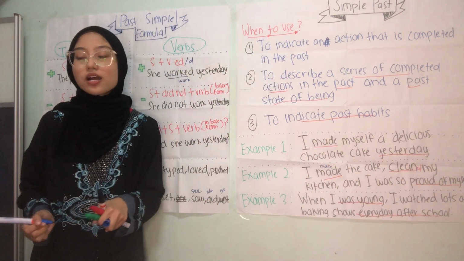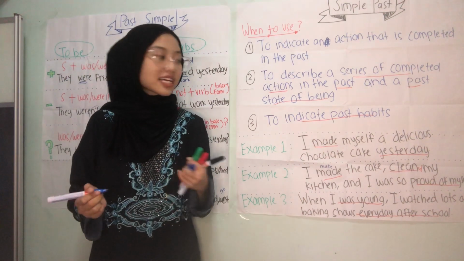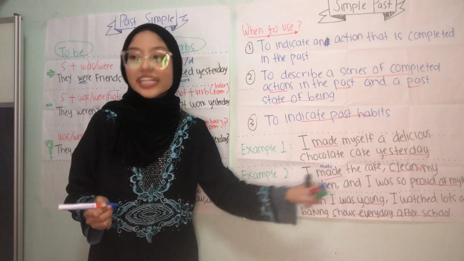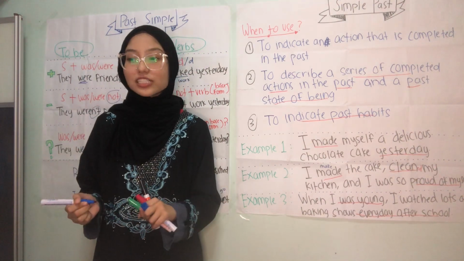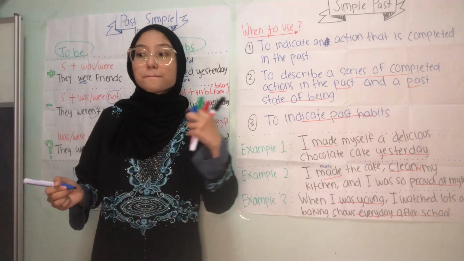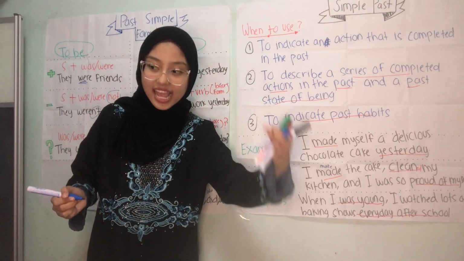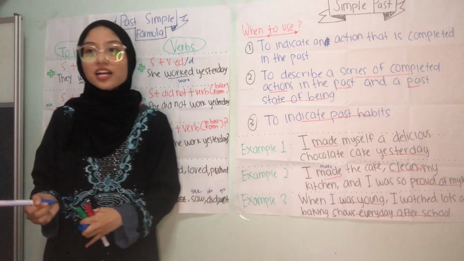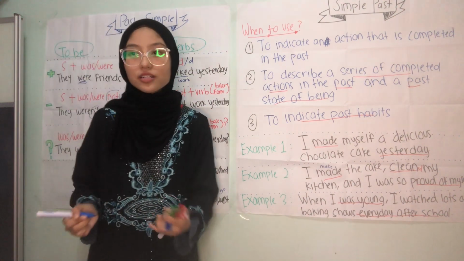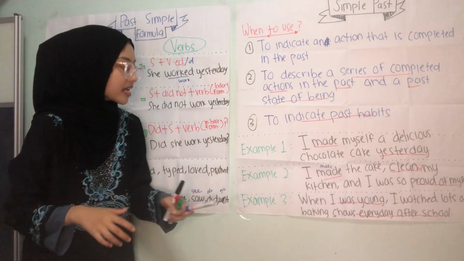Is it correct if we say it as make it? No. Why? Because it's supposed to be made, not make it. Never heard about make it. What about example number 3?